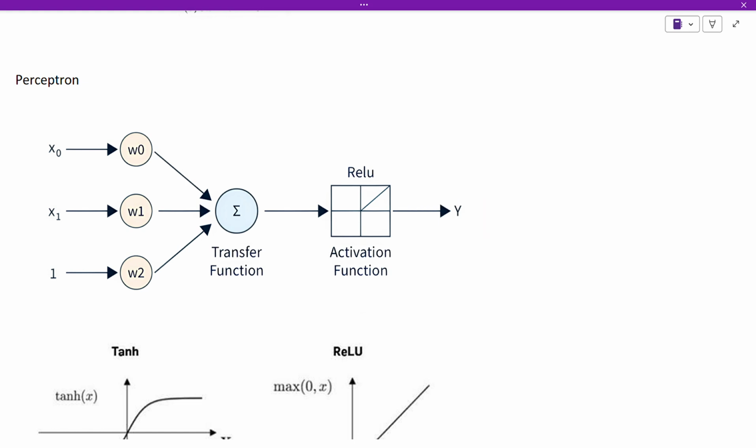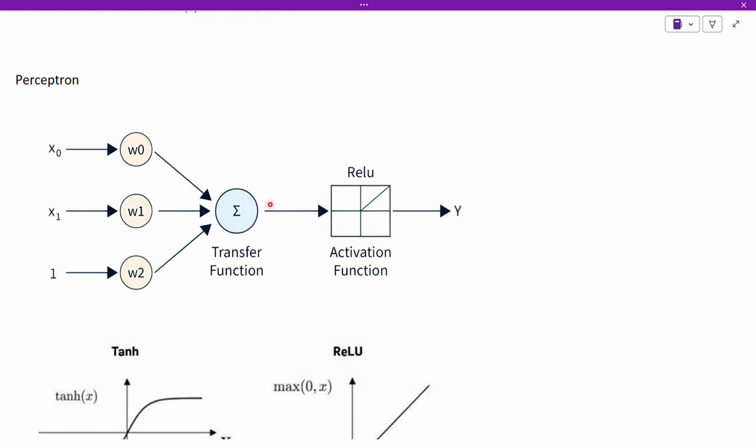Here we have two other components: a transfer function and an activation function. A transfer function does nothing but sum up all the inputs and weights and give you a result, a number. That number will be tested against the activation function, and the activation function is going to determine the output of the neuron.